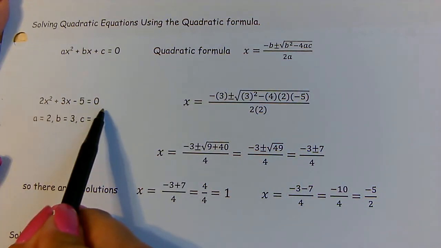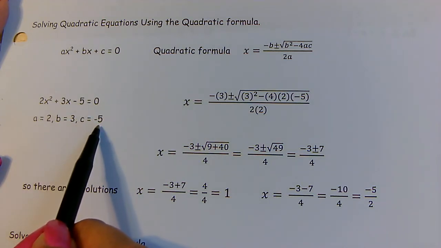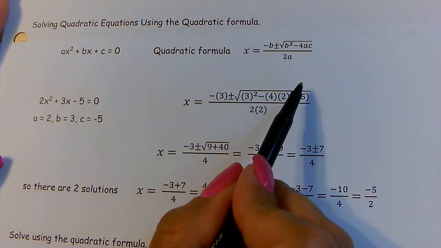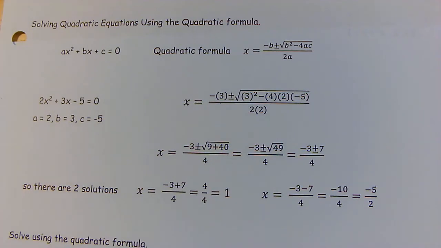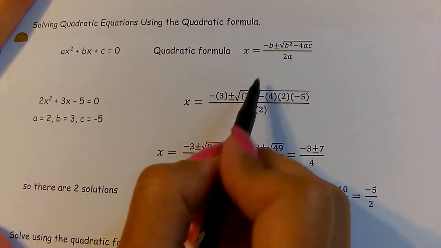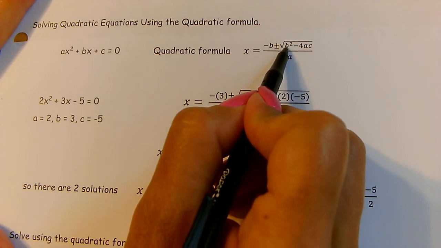So here is a quadratic equation. My a is 2, b is 3, c is -5. What I do is rewrite the quadratic formula with parentheses for all the a, b's, and c's, plug it in, and just watch your signs. So the +3 is going to be a -3. This here is squared because it'll always be positive, whether b is negative or positive.